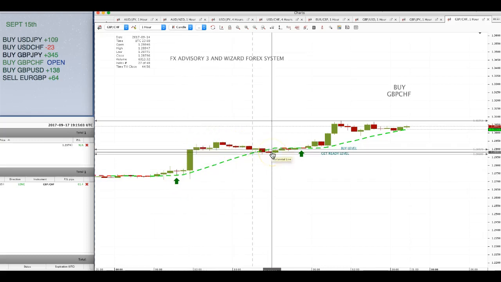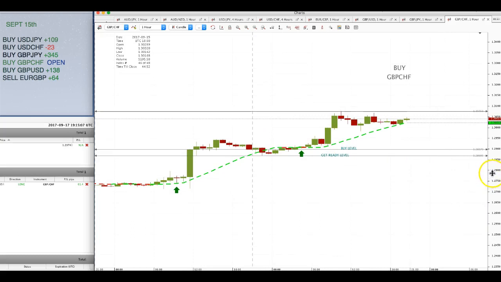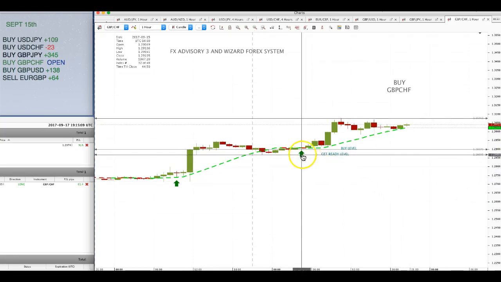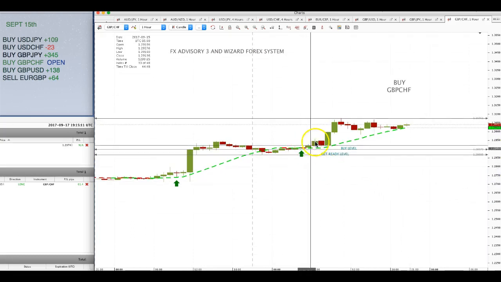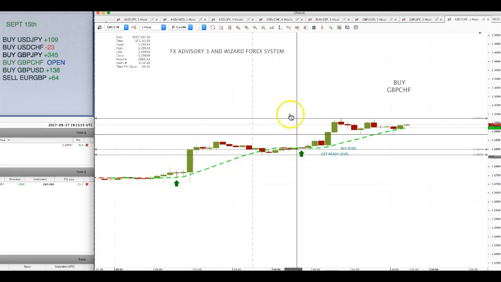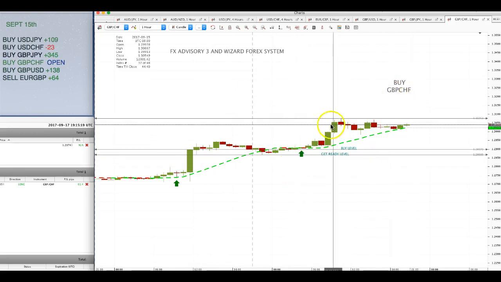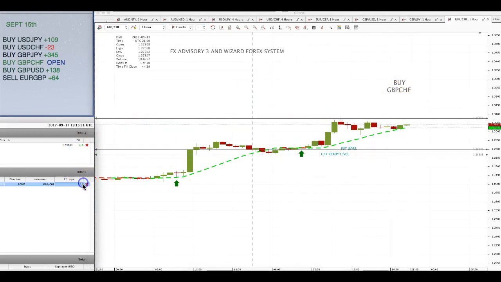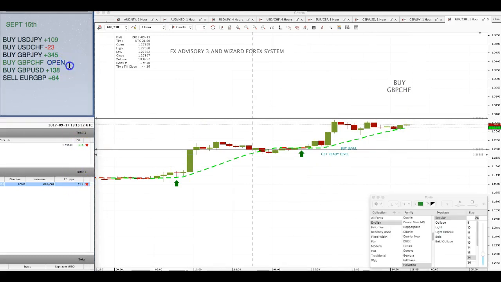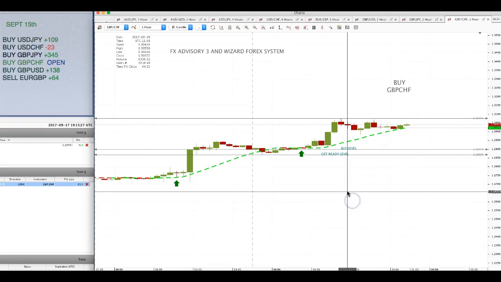Price came back down to a support, and the advisory indicator was giving us a buy signal, and also the wizard was giving us a buy signal. So this was not a hard trade to take, knowing that the overall direction of the pound Swiss is to the upside. And notice I'm still in this trade. So this is an open trade. Most likely it will continue to rally after a retracement.